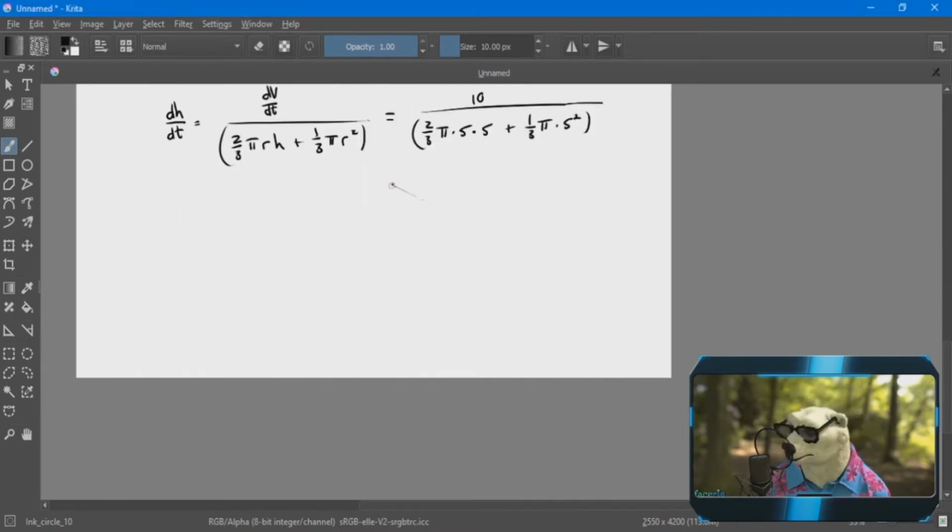All right, we get 0.1273 if we round to 4 decimal places.